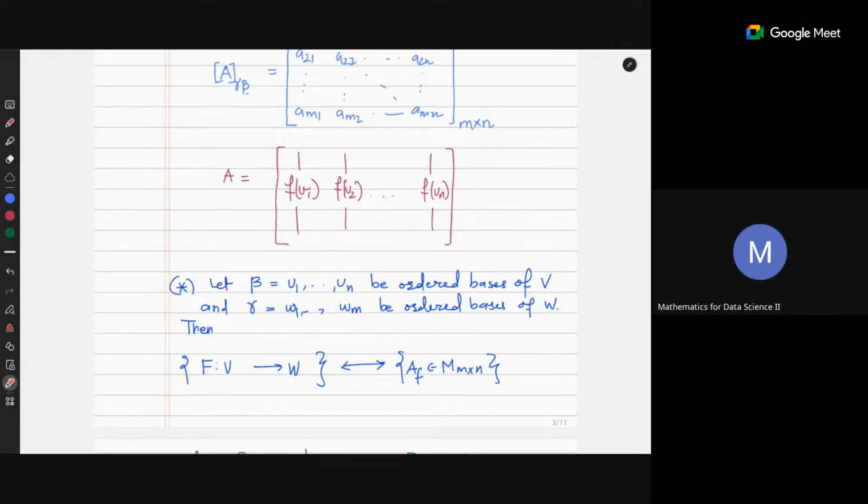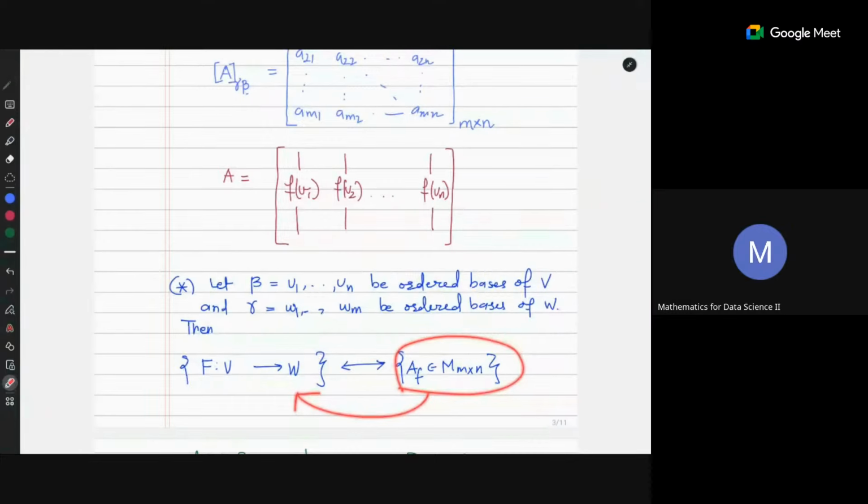You cannot think of it the same way, and you will not get the same image, because you need to fix a basis. You cannot change basis in between. You need to fix a basis at the very beginning, and once you fix the basis, any linear transformation corresponds to an m cross n matrix, and any m cross n matrix gives you a linear transformation.